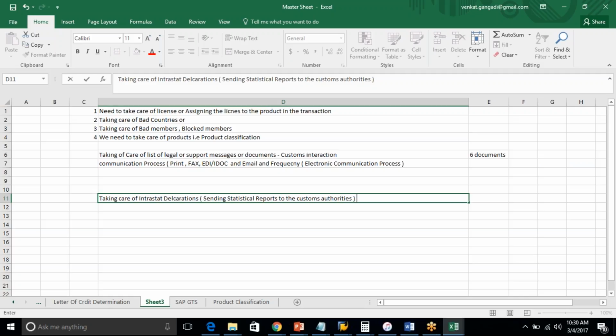And there is something you are all missing. Not one thing, two things. One thing could be payment conditions. It's like taking care of the payment process, maybe letter of credit, or whether advance payment is done or not.